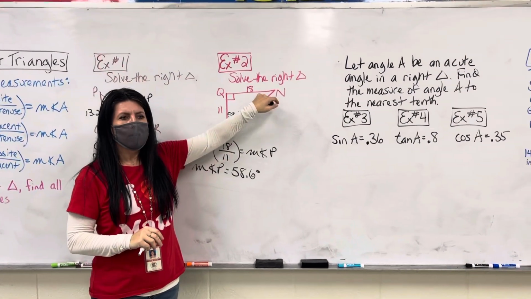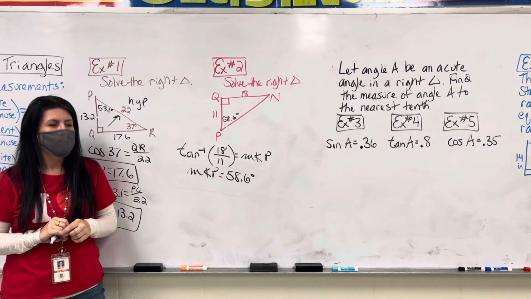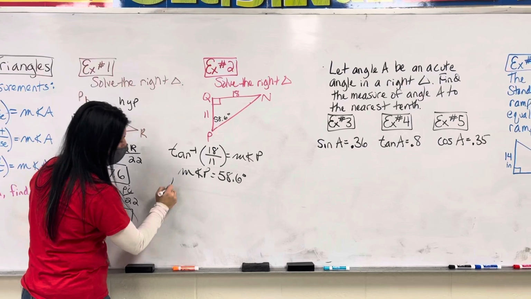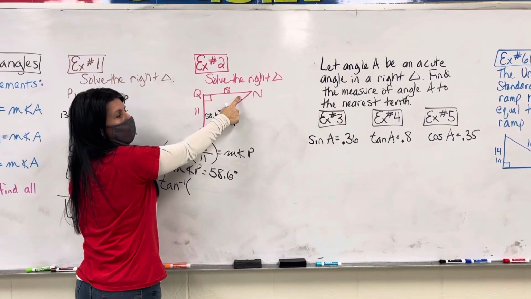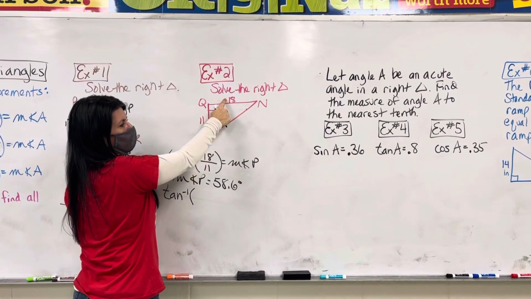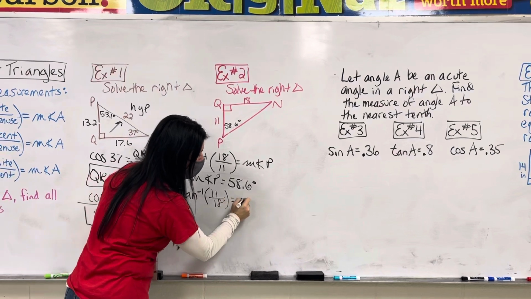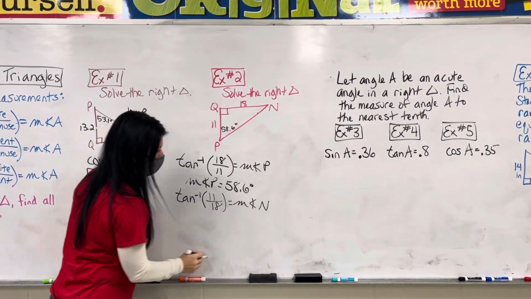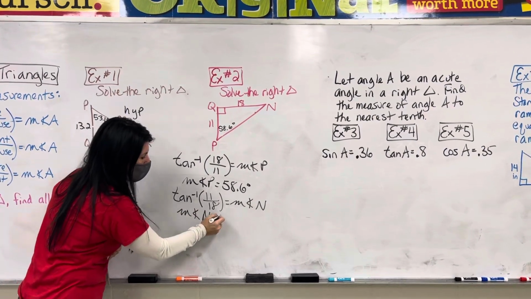What formula can help me find the measurement of angle n? Inverse tangent. So inverse tangent of angle n, opposite over adjacent. This one's 11 over 18, and that will give me the measurement of angle n. Can someone do that for me, please? 31.4. Good job.